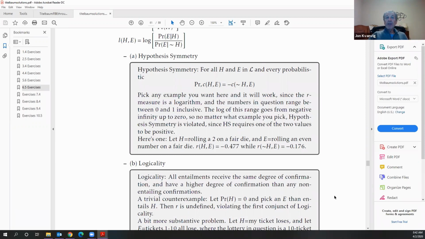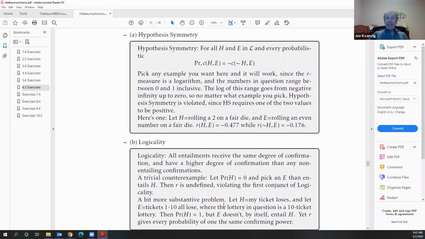All right, that's a little bit tricky, a counterexample. Maybe it's trivial. So here's a more substantive one. Take a 10-ticket lottery and let the hypothesis be my ticket loses, and let the evidence be tickets 1 through 10 all lose, where the lottery in question is a 10-ticket lottery. Then the probability of my ticket losing is 1, but E doesn't by itself entail H. Now, the reason it doesn't entail it is a bit tricky.